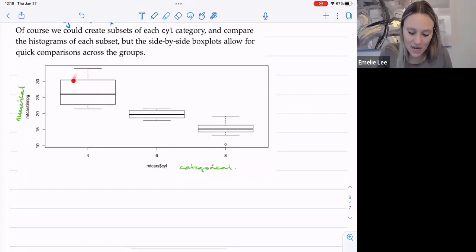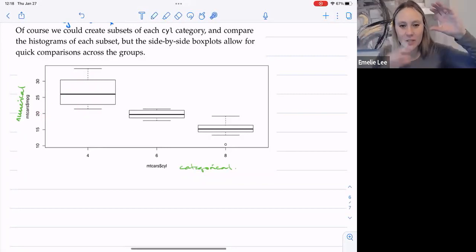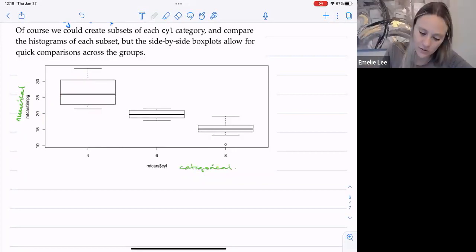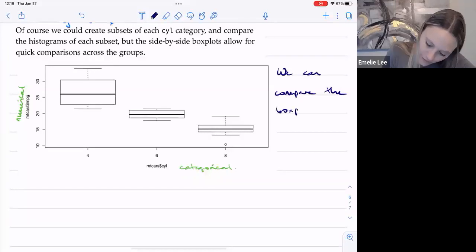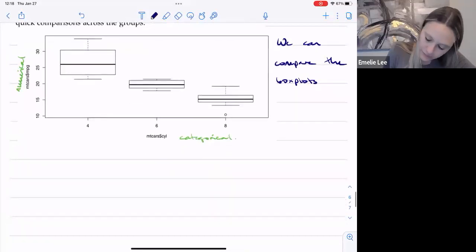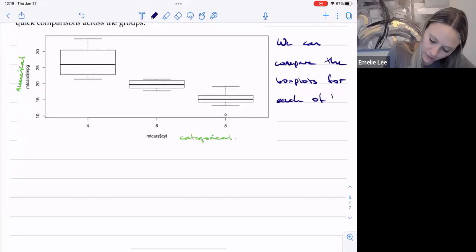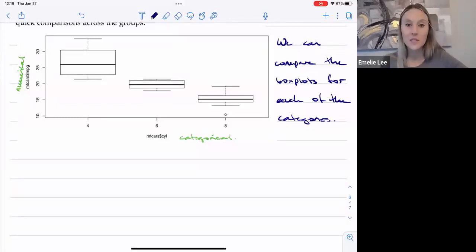This is how we would compare the miles per gallon for each of the cylinders. Now we can compare the box plots for each of the categories, and that tells us the miles per gallon for each of the categories.